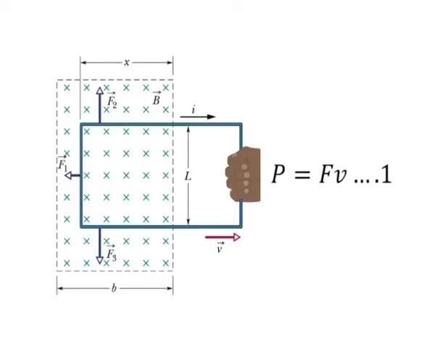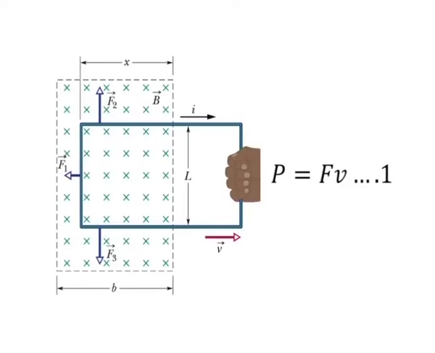So the rate at which work is done, that is, the power, is given by P equals F times v. Here F is the magnitude of your force. We now wish to find an expression for P in terms of the magnitude B of the magnetic field and the characteristics of the loop, namely its resistance R to current and its dimension L.